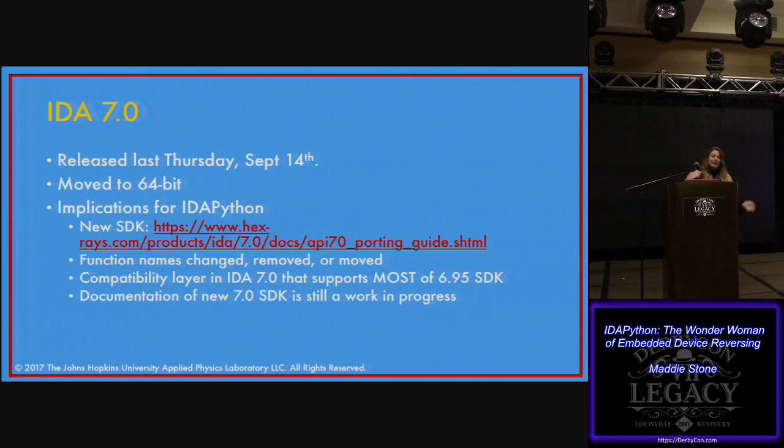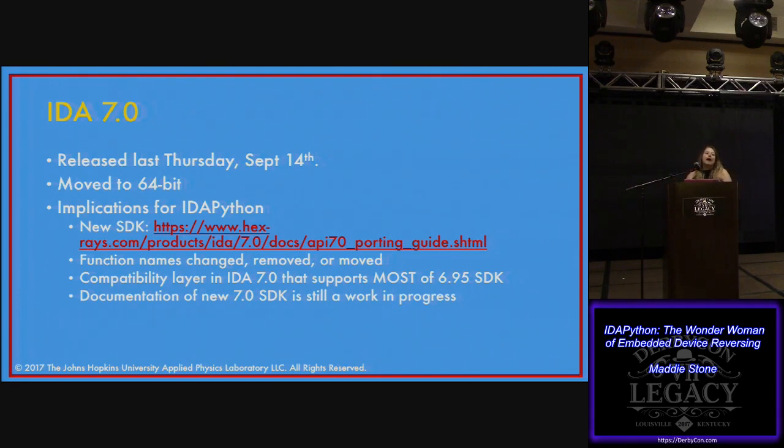Before we dig in a little more, I started creating this presentation and all these scripts much earlier than last Thursday when they released all these updates, but they're exciting updates. The whole disassembler has been moved to 64-bit, but the implication for IDAPython with this new update, and you should go into this talk understanding, is they created a whole new SDK and API.